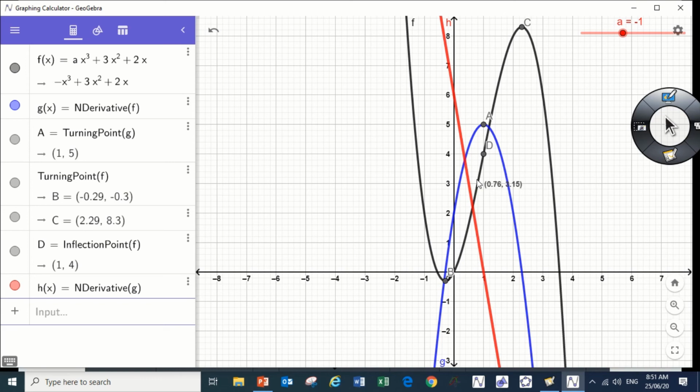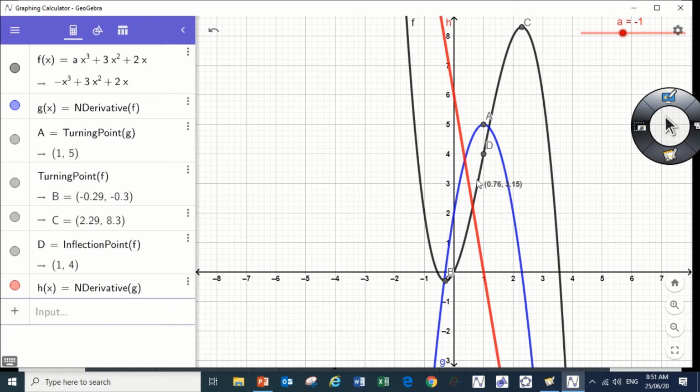The x-intercept of the second derivative is the same as the x value at the turning point. It's also the same as the x value at the point of inflection of the cubic.